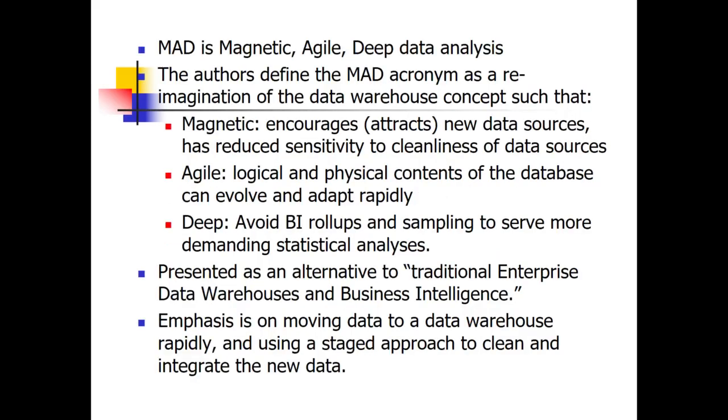One of the tools we widely use for statistics is the magnetic agile deep data analysis, that is MAD. Generally this MAD mechanism is deep agile. Agile methodology is compared with a normal methodology. Agile means when a problem comes up from the customer side or client side, we can stop the process then and there, modify it, solve the problem, and continue the process.